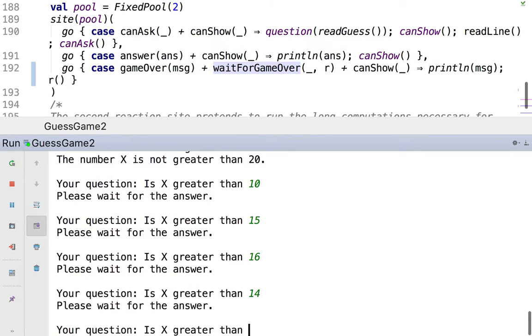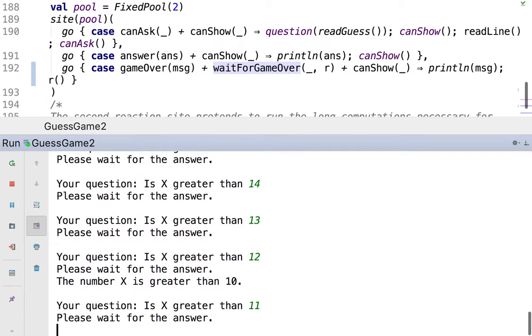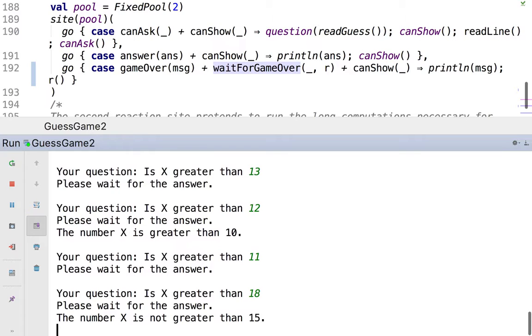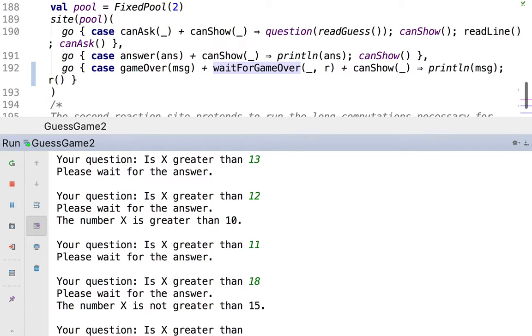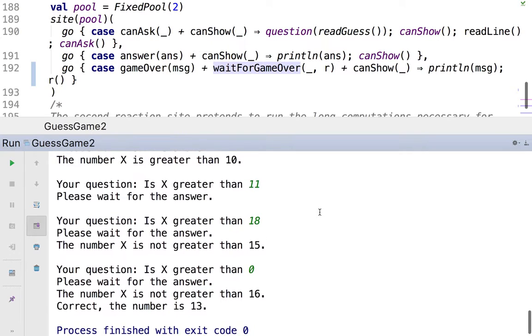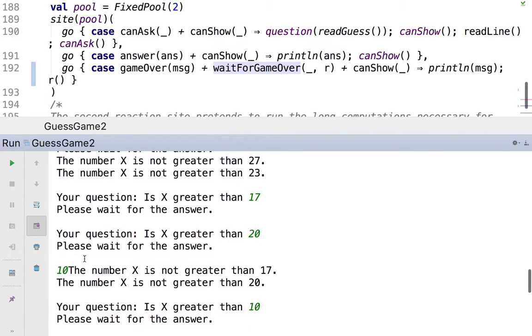Trying to enter a lot of tries so that I certainly get an answer. Okay, I got an answer. There's one glitch here. I'm not sure what happened. I couldn't make it break, but I was scrolling up and down. Maybe IntelliJ screwed up here.